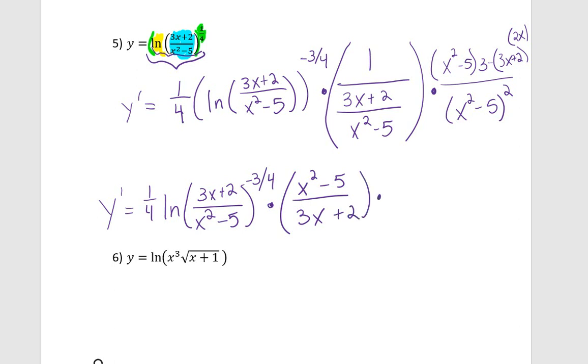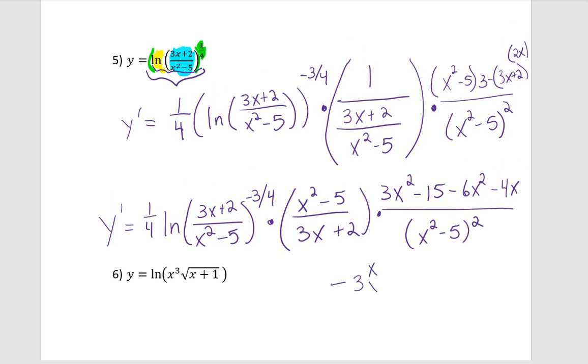Times, now that top part is going to be 3x squared minus 15 minus 6x squared minus 4x, all divided by x squared minus 5 squared. Now I'm going to clean up the top just a little bit.